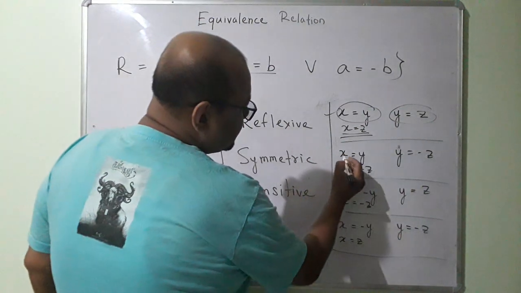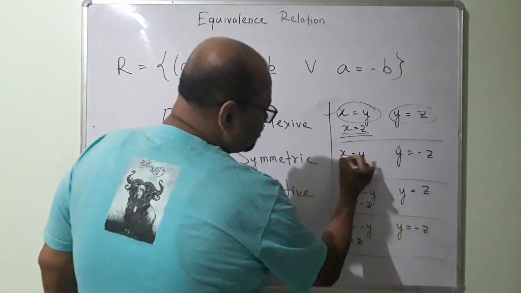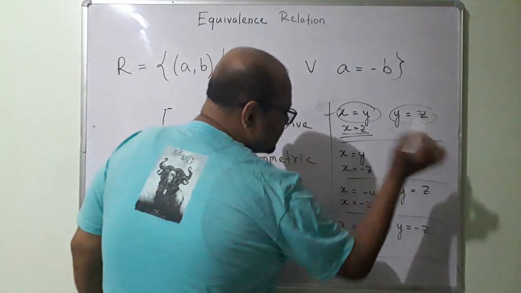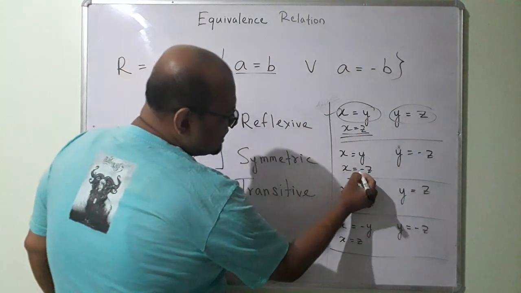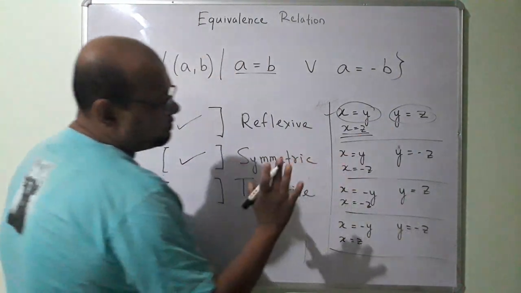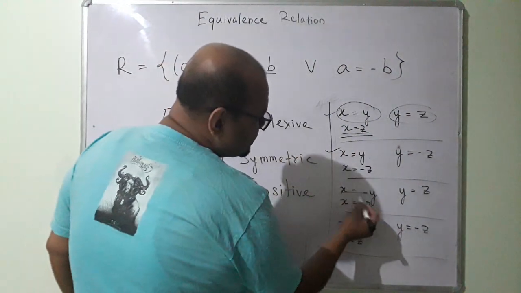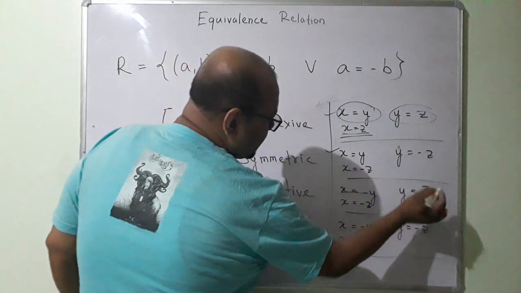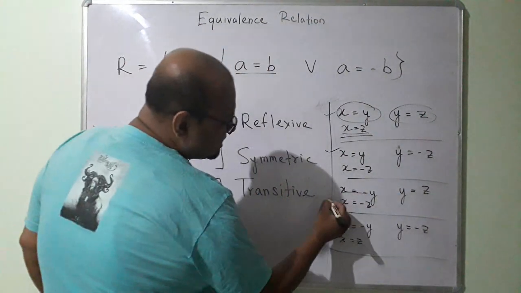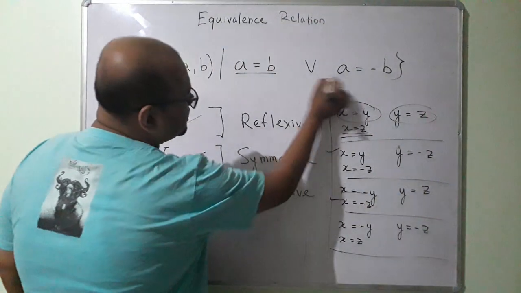Let us look at this. X is equal to y, so xy belongs and y minus z belongs, right? Then x minus z will belong to the relation. Here x minus y and yz belong, right? Then x minus z will belong because of this condition.